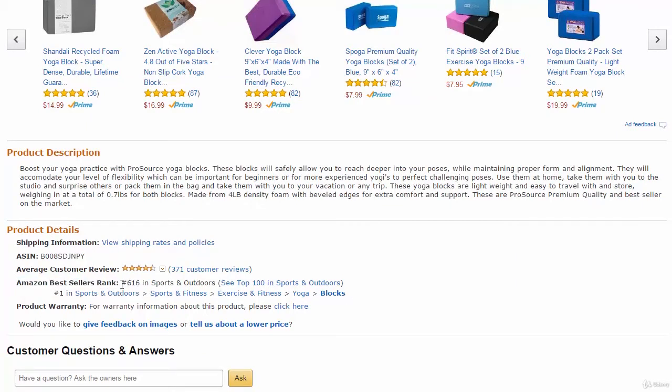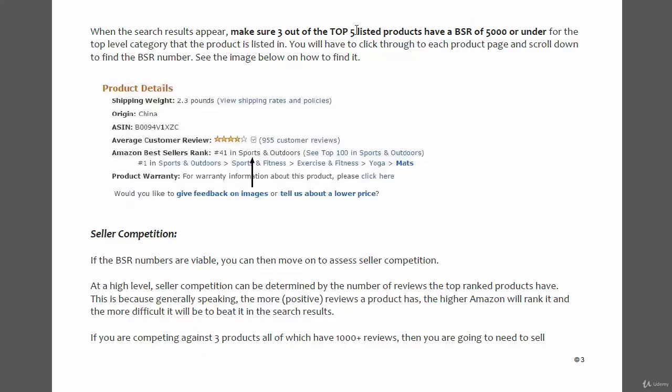In this case you don't want to look at any of your subcategories, you only want to look at this figure in the top level category. So this is 616 in sports and outdoors, and that is the number you'll need to write down into the spreadsheet. You'll need to do that for the top 5 products.